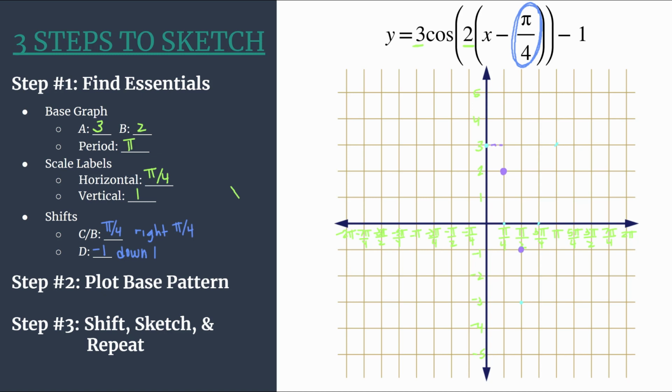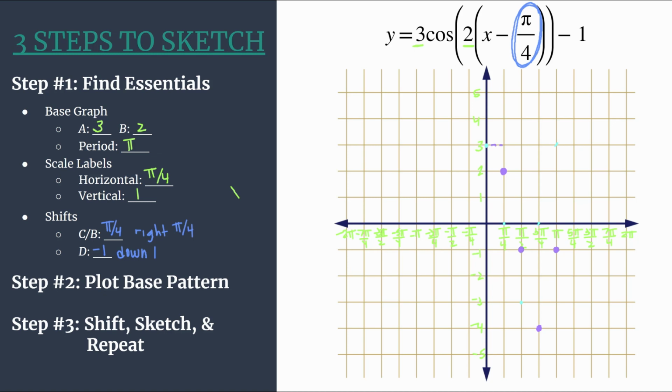All right, go down to the base pattern's minimum that happened at pi over 2, negative 3. You're going to move right pi over 4, or 1 horizontal tick mark, and down 1. Okay, go to your second x-intercept, the one at 3 pi over 4. Move right pi over 4, down 1. Okay, makes sense. It should be in the same line with our second point because that's our midline.